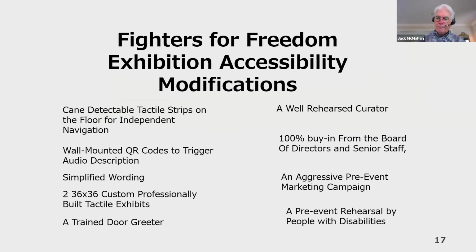But first of all, we did detect a way of helping a visitor access the exhibit. The exhibit is in a specific room. It was on the second floor, but the accessibility begins at the edge of the building. So how people get through the door, how they get to the ticket station, how do they get to the elevator, how do they navigate from the elevator to the exhibit room is all part of the venue.